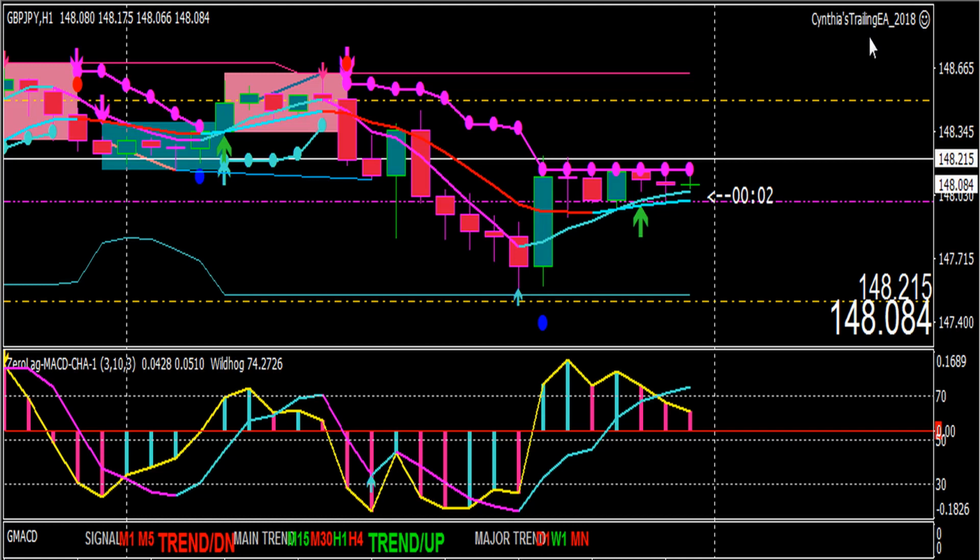It'll book half of your trade and then trail the other half of your trade. So I just love that feature. Even though it's set to book 50%, you could set it to book 80% of your trade and let the other 20% trail. That's even better. So the trailing EA is adjustable.